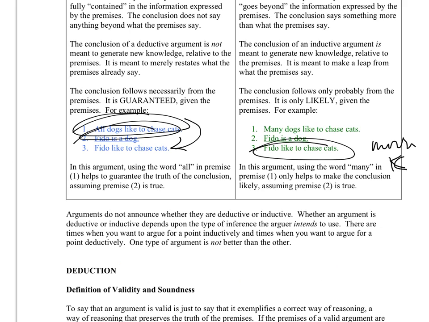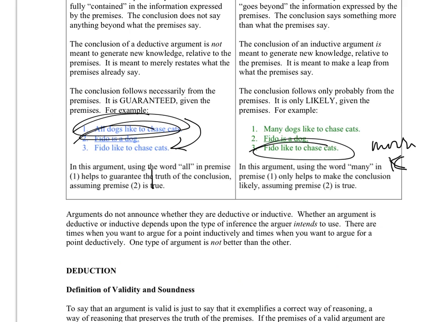In the case of a deductive argument, the idea is to show you that the conclusion is contained in the premises. Whereas in an inductive argument, the idea is for the conclusion to give you certain information that is made plausible by the premises.